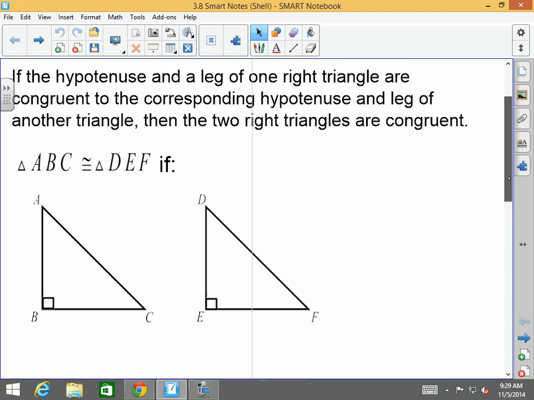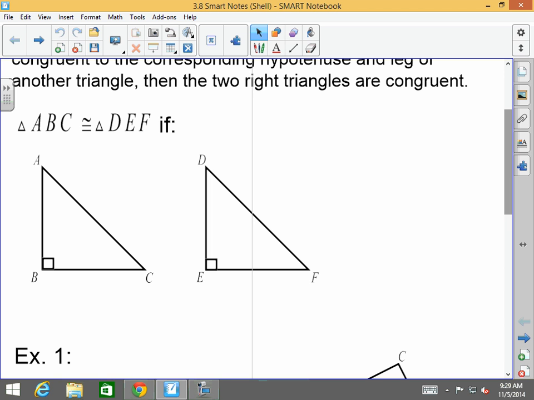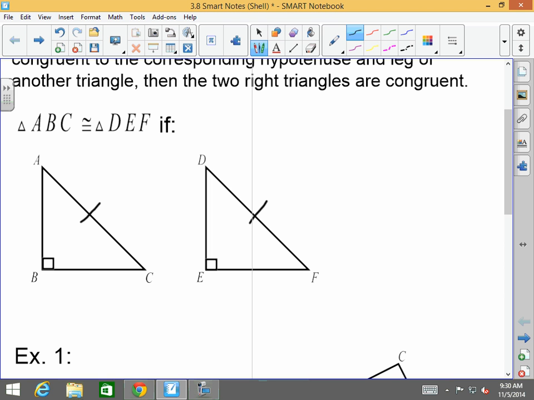I hate to bore you with repeating stuff, but I want to make sure that you guys really understand. So for example, let's take a look at it. Say triangle ABC is congruent to triangle DEF if, for example, let's say AC is congruent to DF and BC is congruent to EF. Okay? That would be the case here.